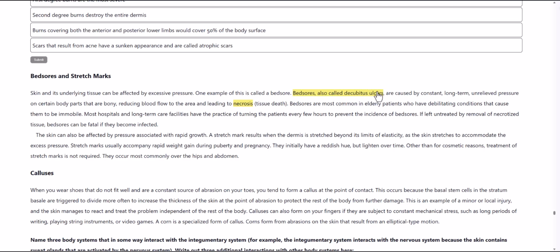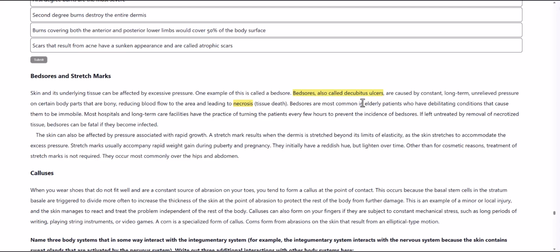Now, these are even more common in people who are bedridden, who are in wheelchairs, and who are not able to move their body around. If that pressure is always on the same spot, that can lead to a breakdown in the skin and loss of blood flow and lead to necrosis or cellular death, right, of that tissue.